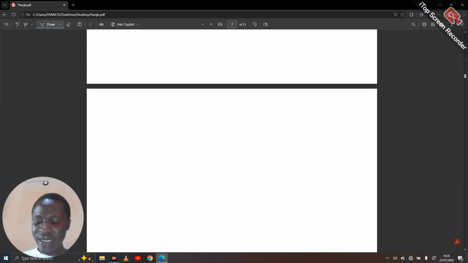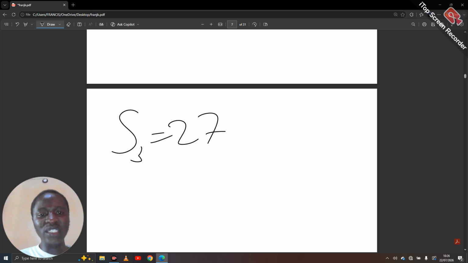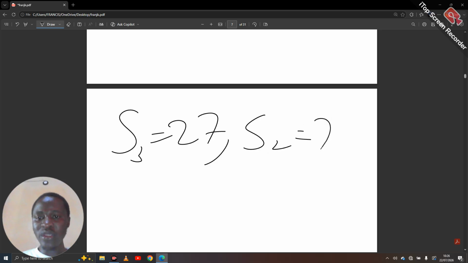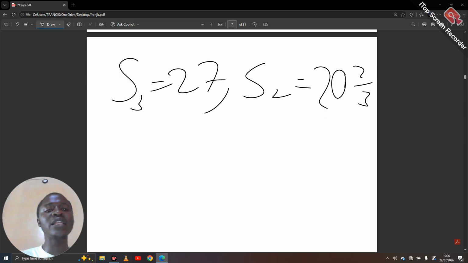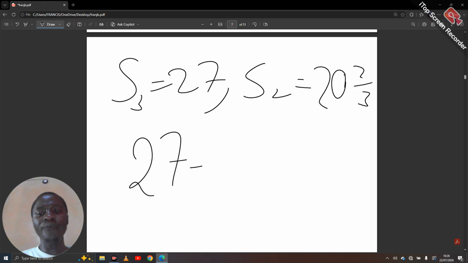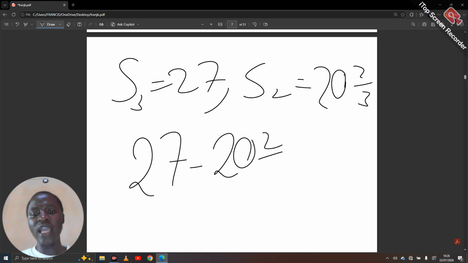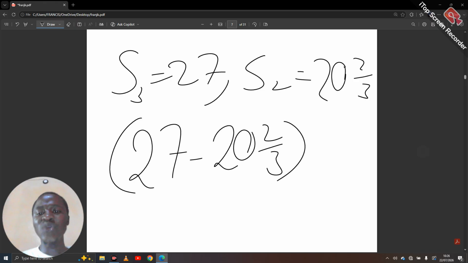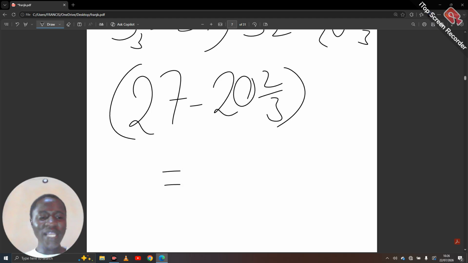The same we do to the second part of integrating velocity from 2 to 3. We are getting the difference. Remember S3, we had 27, and S2, we had 20 and 2 thirds. Now, get the difference. That one is now 27 minus 20 and 2 thirds. Doing this, we are having 6 and a third meters.